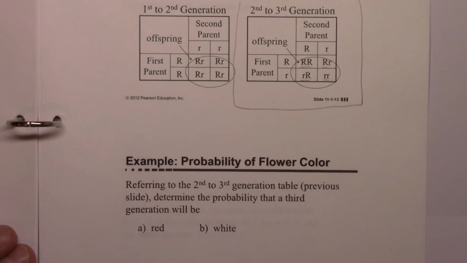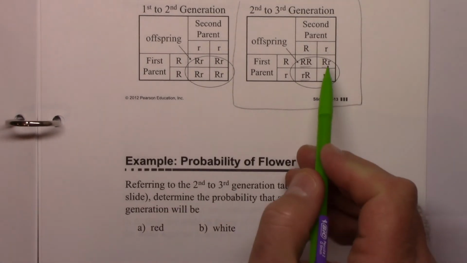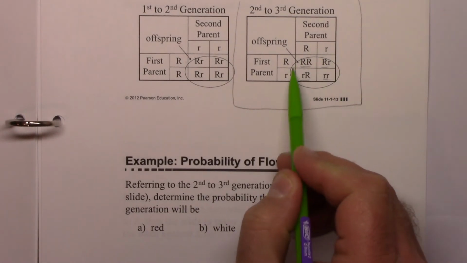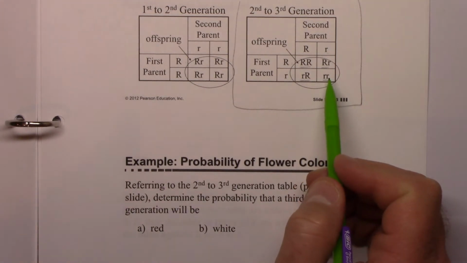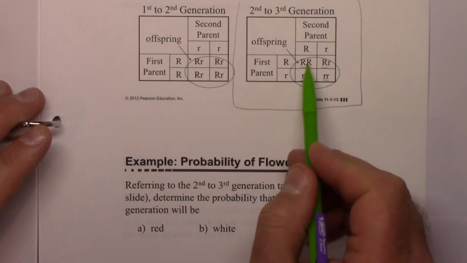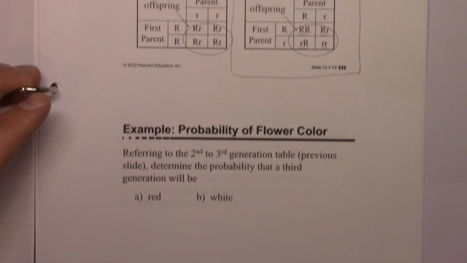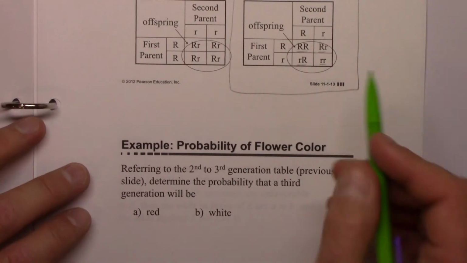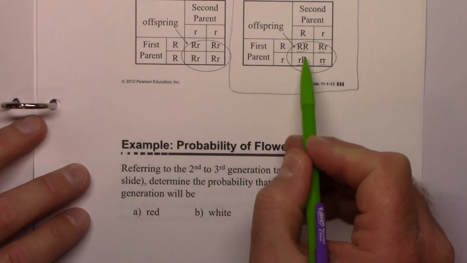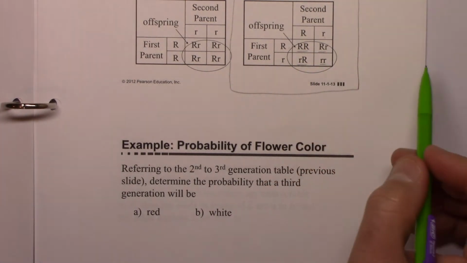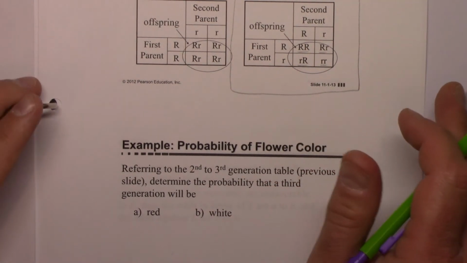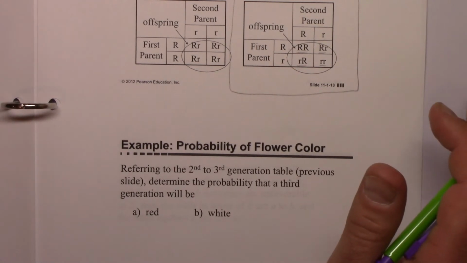So if you look, we're talking about the offspring results in this third generation. The probability that the offspring in this third generation end up red, notice there's 3 out of 4, because any of them that have the uppercase R will end up being red in color. Even though they're not necessarily pure red, right?